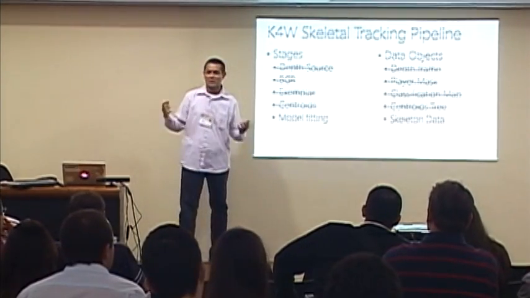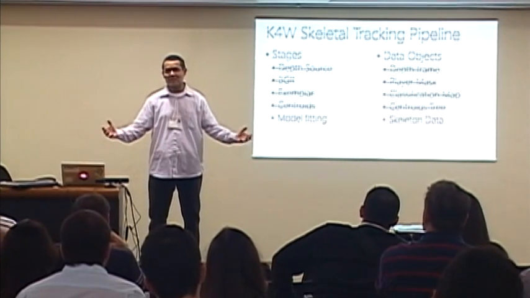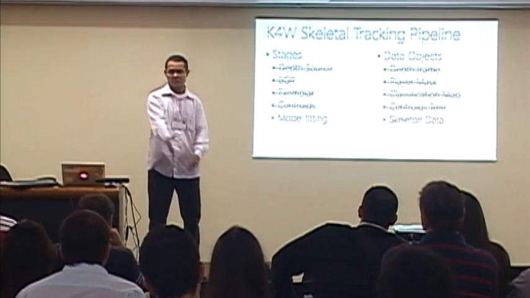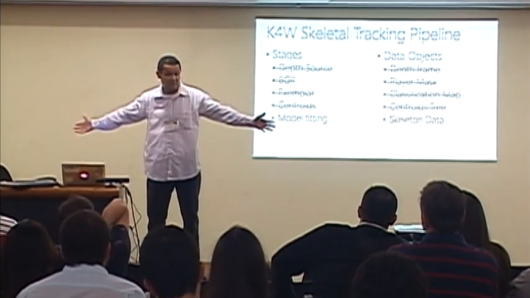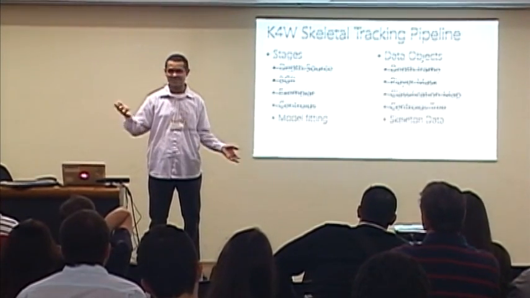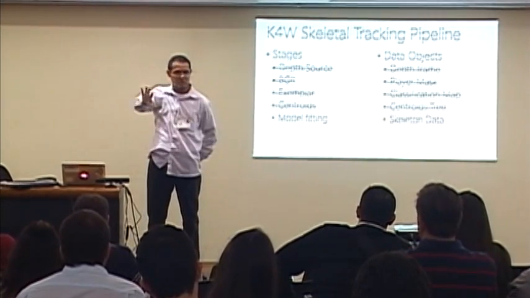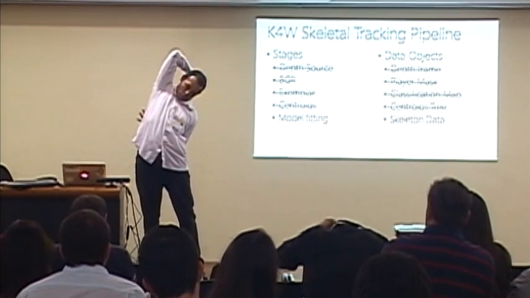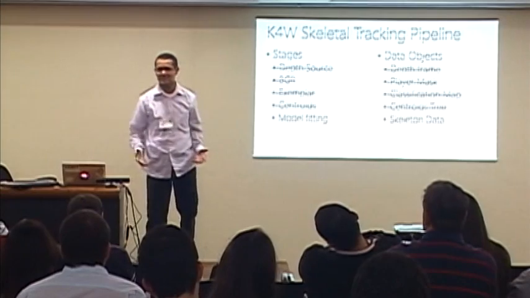You still have problems because machine learning will classify anything. If you put a dog in front of the sensor, it will probably classify the regions as something, but those don't match a human. A human has certain limitations. Humans don't do poses like this, with the leg here and things like this.